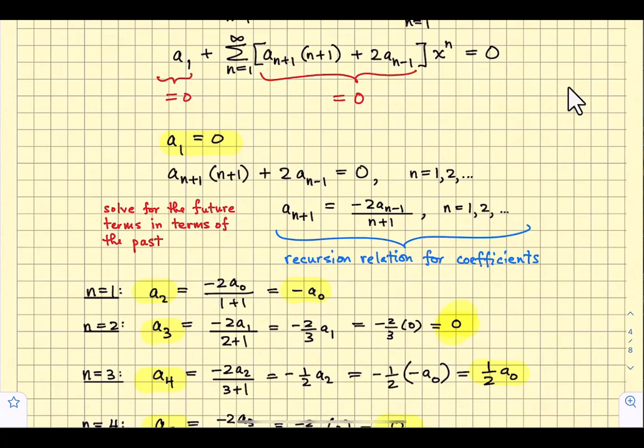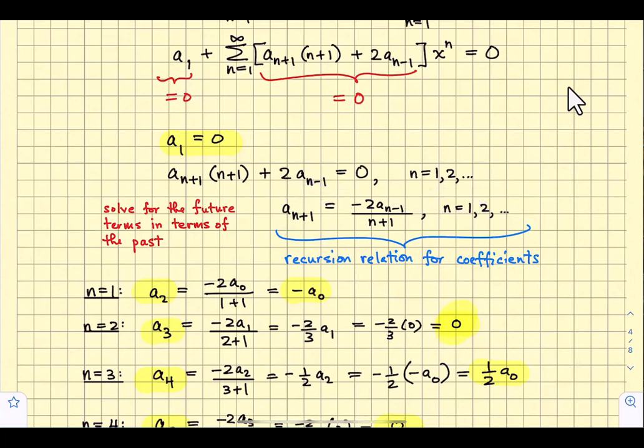Let's plug n equals 2 into this. That's going to give me a3 equals minus 2a2 over 2 plus 1. That simplifies to minus 2/3 times a1, but hey, I know what a1 is. a1 is 0, so let's put that in. That gives me a 0. So now I know that a3 is 0. Let's plug in n equals 3.